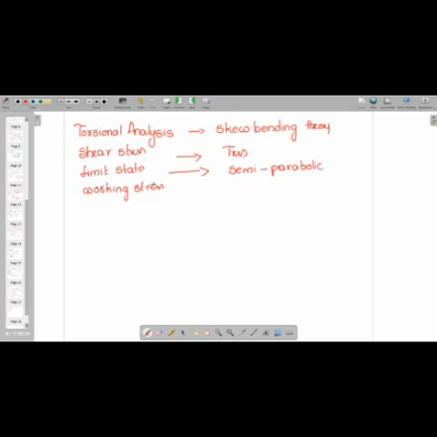If you talk about working stress, it is a deterministic approach because it will be linear throughout. So in truss analogy, these are the things you have to follow.